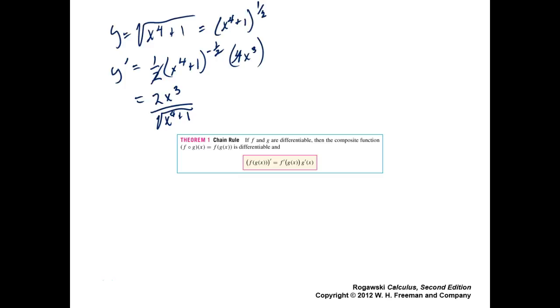But notice that the 4, the x, and the cubed are all in the numerator part. The 2 was in the denominator, but also the x to the fourth plus 1 to the minus 1/2. The minus sign puts it in the denominator, but the 1/2 power.